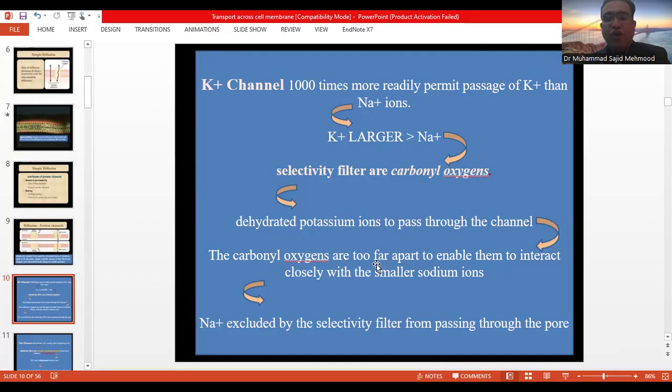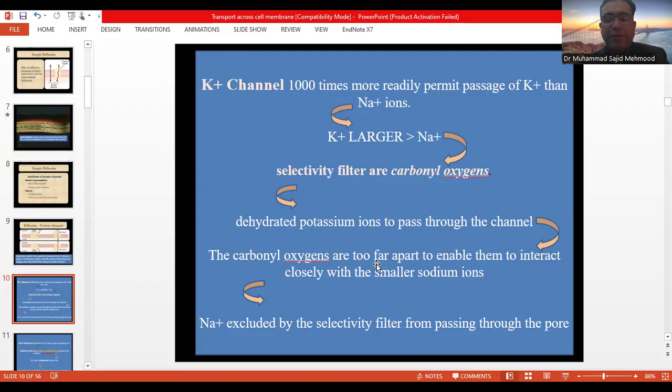Why is it so? Because inside the potassium channel there are selectivity filters present, and these selectivity filters are made up of carbonyl oxygens, and these carbonyl oxygens cause the dehydration of the potassium ions which are supposed to pass through the channels.